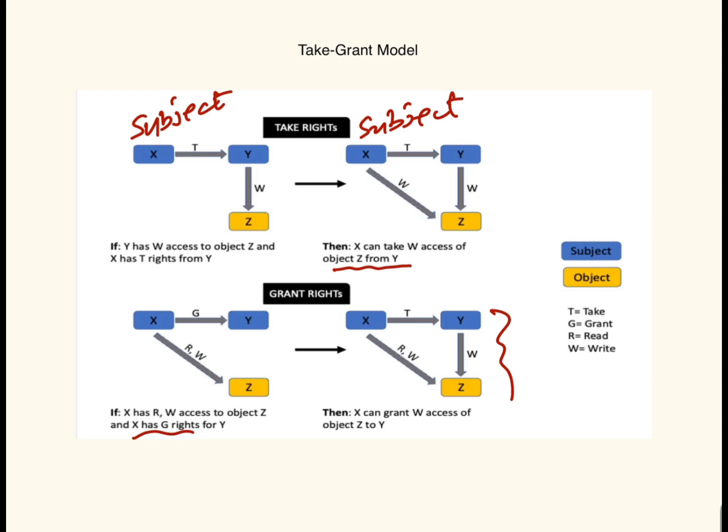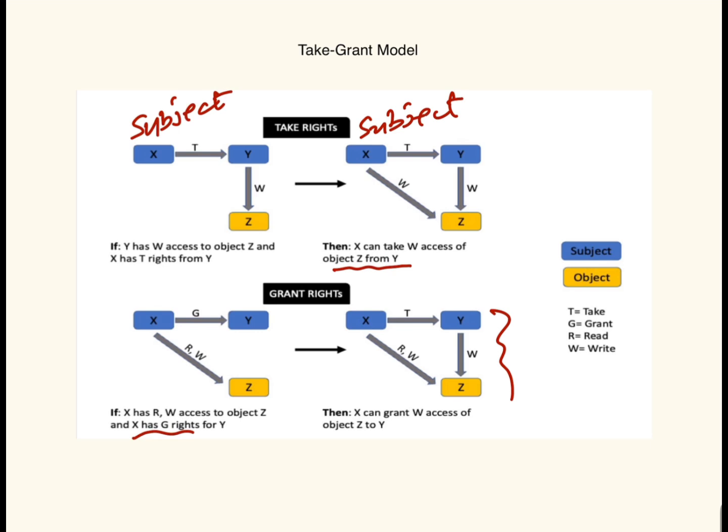It is a graph-based model that helps determine if unauthorized access could occur. It does not enforce security policy. On the other hand, the Graham-Denning model is an access control model that defines specific operations, create, delete, read, grant, transfer, that subjects can perform on objects such as files and resources.